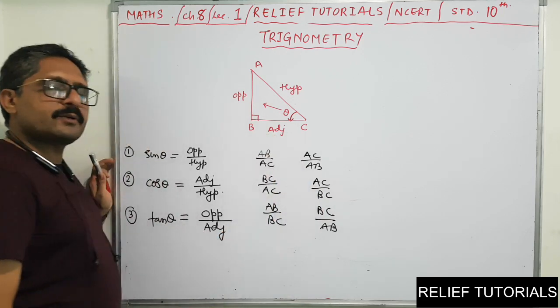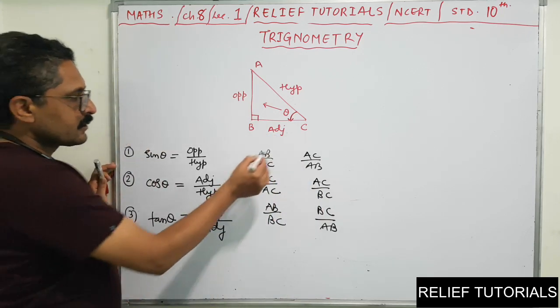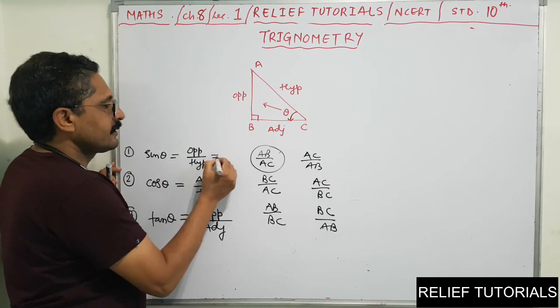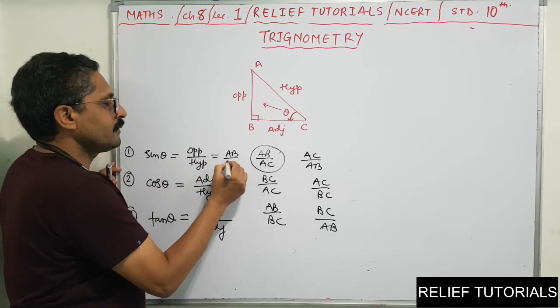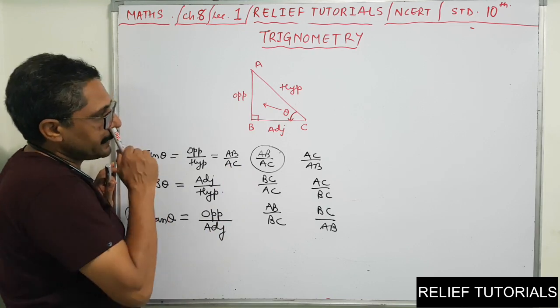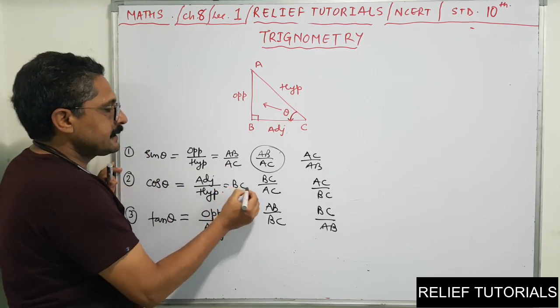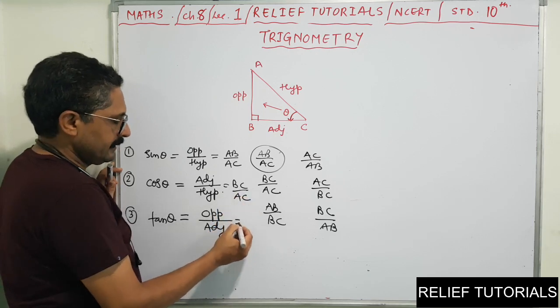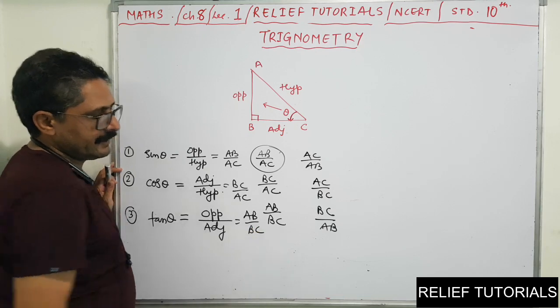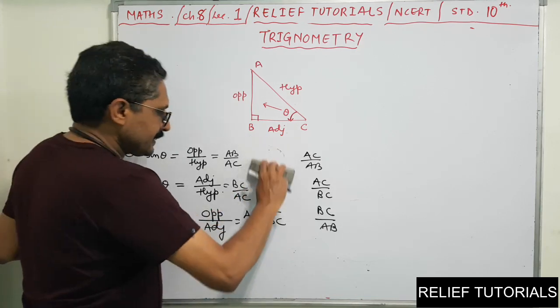So these are the six possible ratios. Sine theta is AB upon AC, cos theta is BC upon AC, tan theta is AB upon BC. Clear?